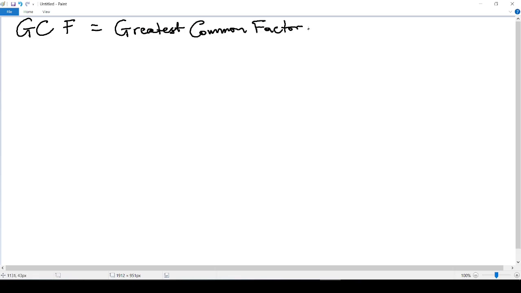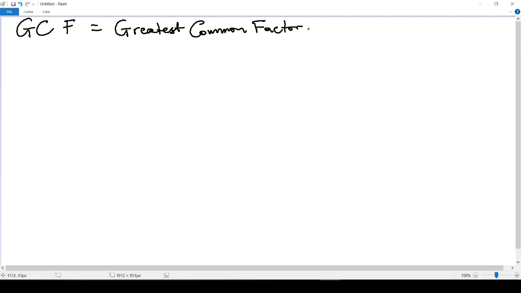So we find a GCF on a set of numbers, and using prime factorization makes it easy. That's why we saw first how to find our prime factorization. So now the prime factorization that we found, we are going to use it to find the GCF.